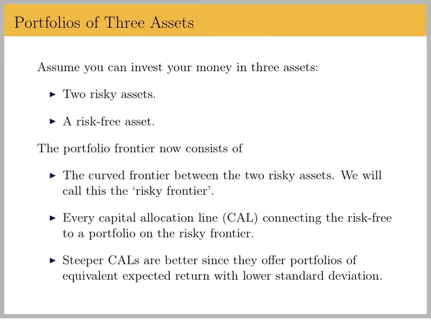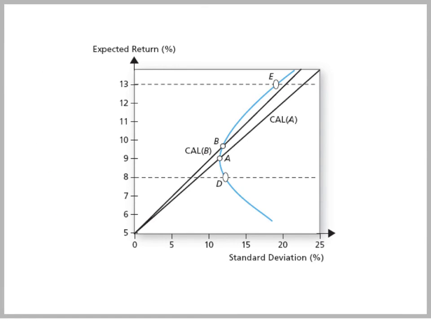And we know that we prefer high Sharpe ratios. And since, as we talked about in the last lecture, the slope of the capital allocation line is in fact the Sharpe ratio, we want a very steep CAL because we also want a very high Sharpe ratio.